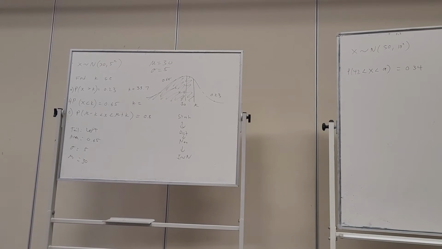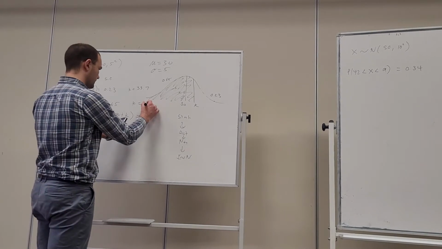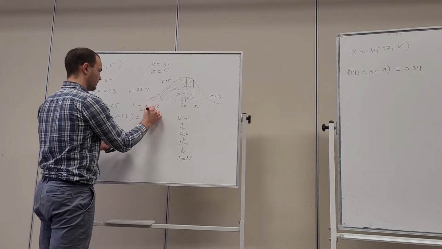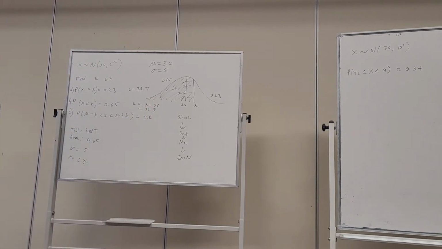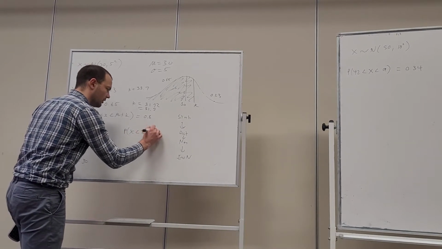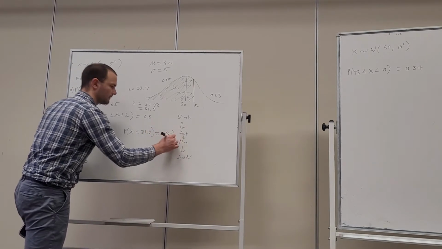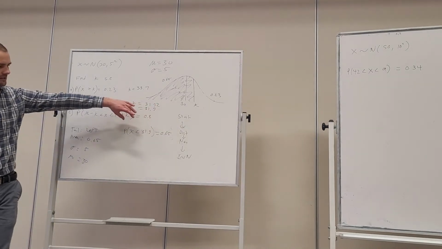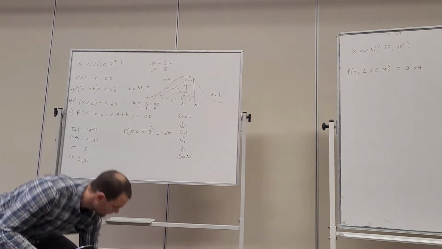So we're changing the tail and we're changing the area. 0.65 for area. 31.92 or 31.9. Okay, so what does it mean in the context of the problem? It means the probability of X being less than 31.9 is 0.65. We're starting with the probability and then we're saying what's this number that makes that true.